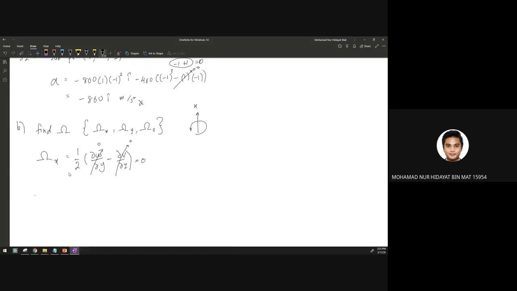How about the angular velocity of y component, which is 1 over 2, the partial derivative of u over partial derivative of z minus partial derivative of w over partial derivative of x.